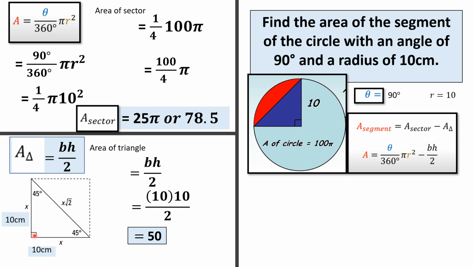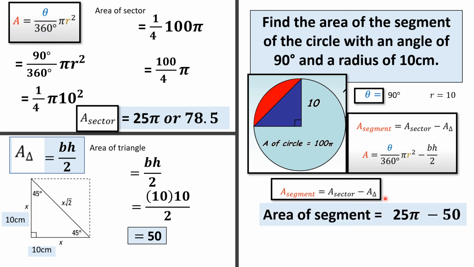So kumpleto na tayo. May area of a sector na tayo at may area of a triangle na tayo. So we can now solve for the area of the segment. Area of a segment is area of a sector minus area of the triangle. So, we have 25 pi, which is our area of the sector, minus 50, which is the area of a triangle. Hindi natin siya pwedeng i-minus kasi hindi sila pareho. Yung isa may pi, yung isa whole number lang.